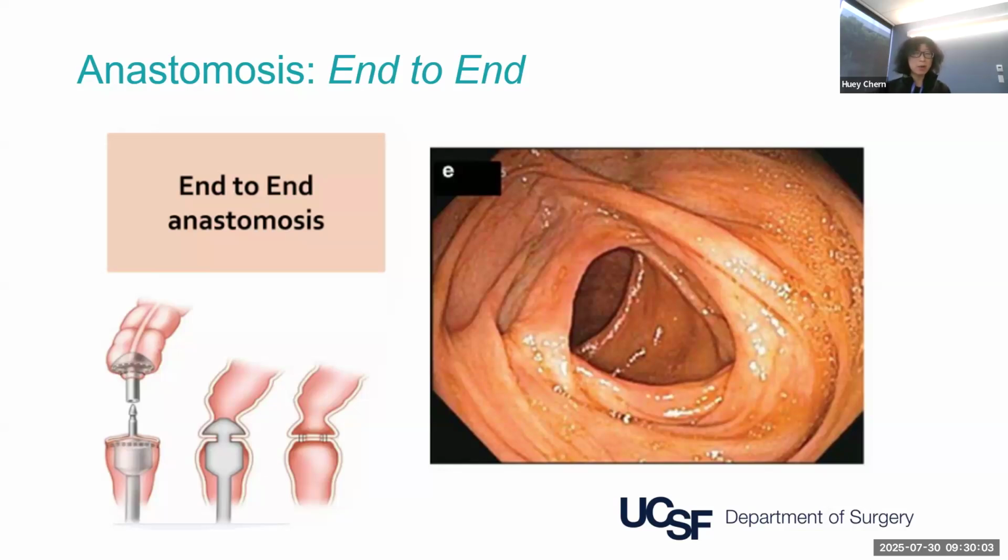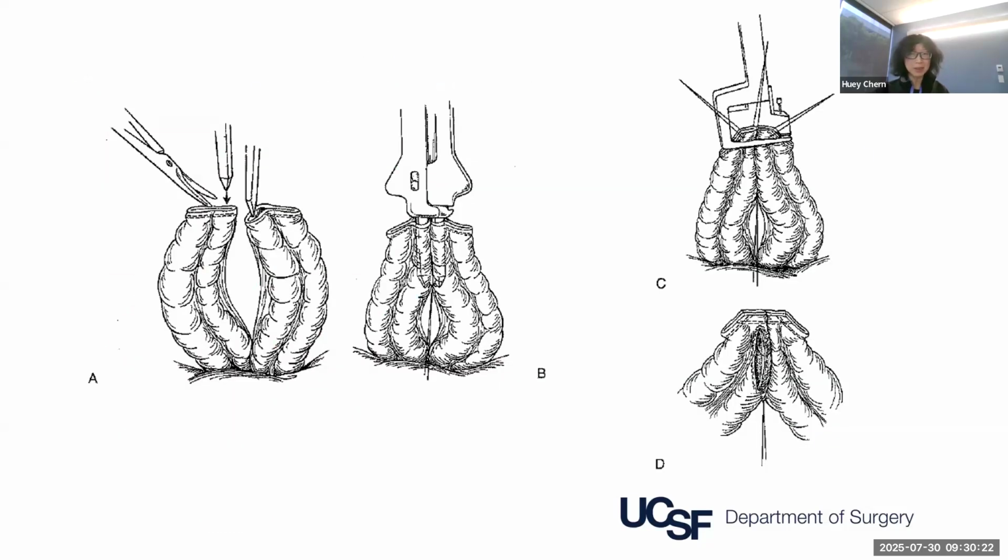We do hand-sew anastomosis also, but it takes longer. Often I would say there's not a huge advantage to doing hand-sewn, so a lot of the time we would just do the stapled anastomosis. And this is a very common way of doing a side-to-side anastomosis.